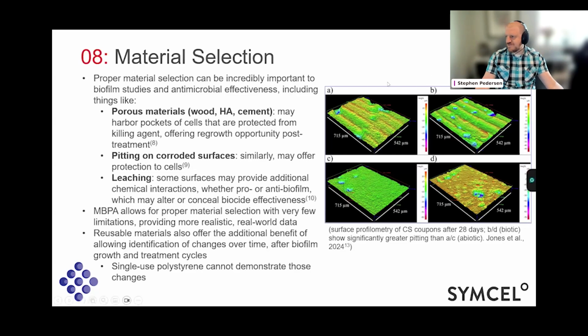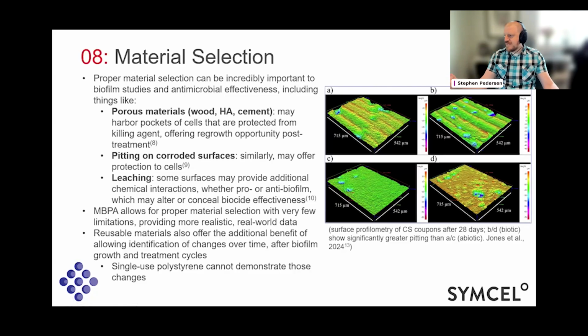This image that I have here, the A and C here on the left, all of these are from a carbon steel CDC biofilm reactor coupon, actually. But the A and C image are from abiotic experiments, so no biofilm is introduced. That's just the standard corrosion that happens during the experiment.